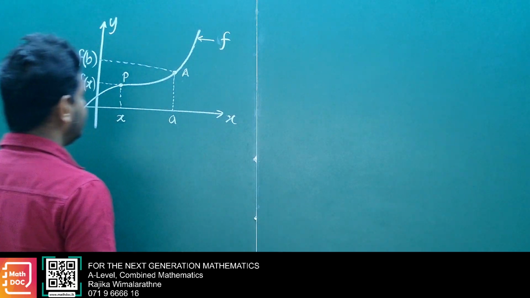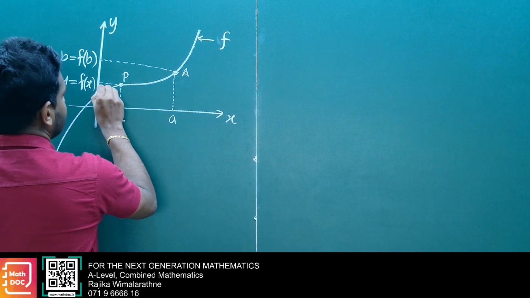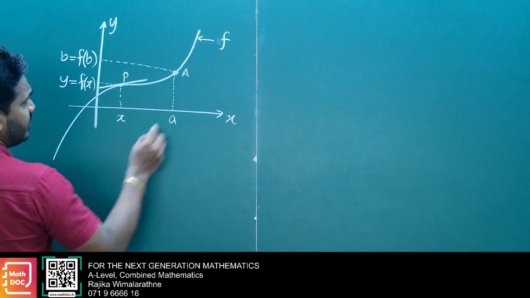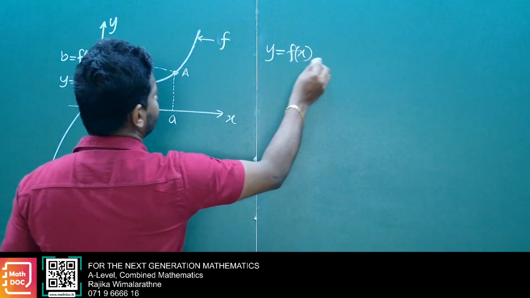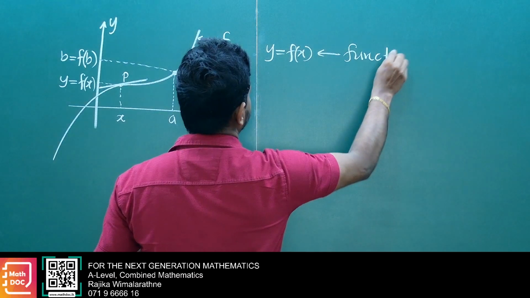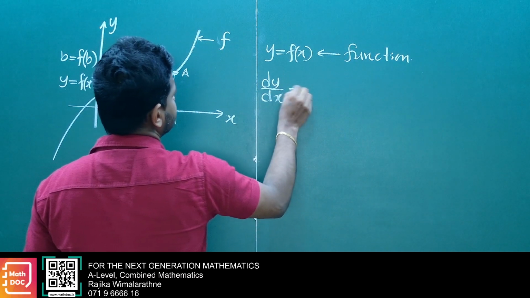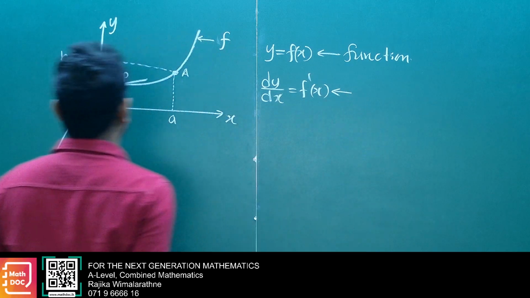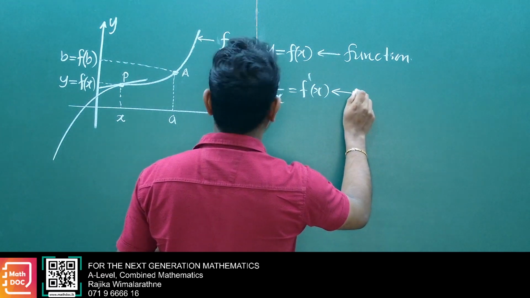Okay. Then when you sketch a tangent here at P, then dy by dx. Here we have function y equals f(x). So when you differentiate dy by dx, we call f'(x). That means derivative of y with respect to x.